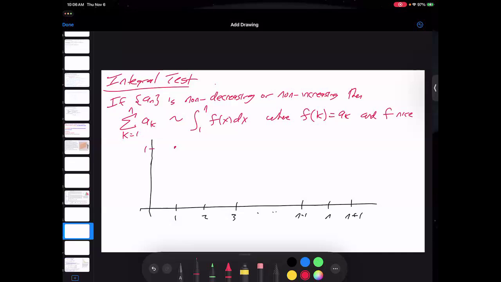At 2, we take on the value of a half. At 3, we take on the value of a third, and so on. And then down here, it's getting really small. Okay? So we have a couple of ways to do things. So one way we could do it is I can make my boxes going to the right.